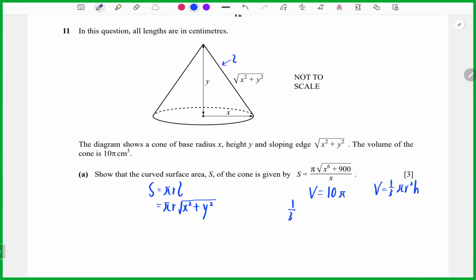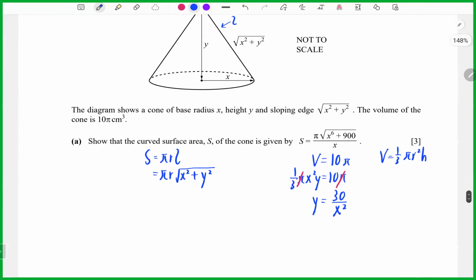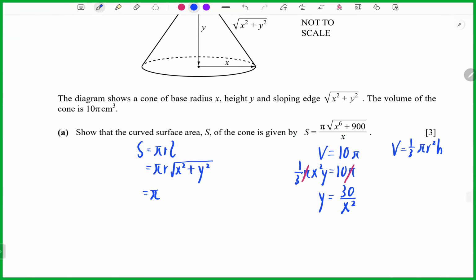So 1 over 3 pi r squared is x squared, here is 1, hence pi. So we can first cancel the pi's, so you will get y equals to 13 over x squared. Now you can substitute in this equation. So you can take pi r over x squared plus 13 over x squared, squared.